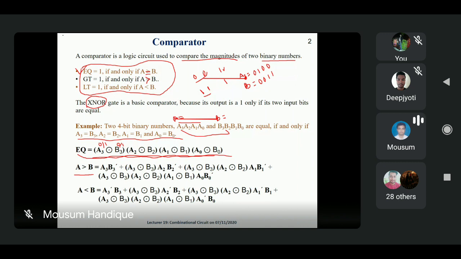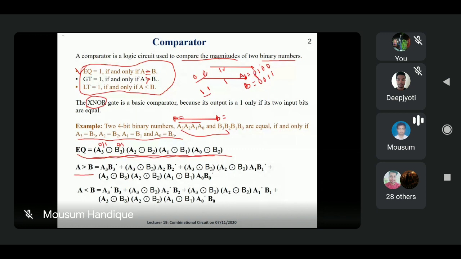We can compare the magnitude of two numbers. So when we compare the most significant bit, both are 0 0. That means they are equal.